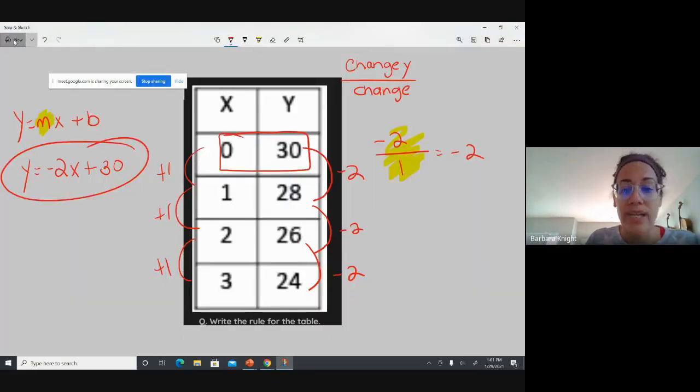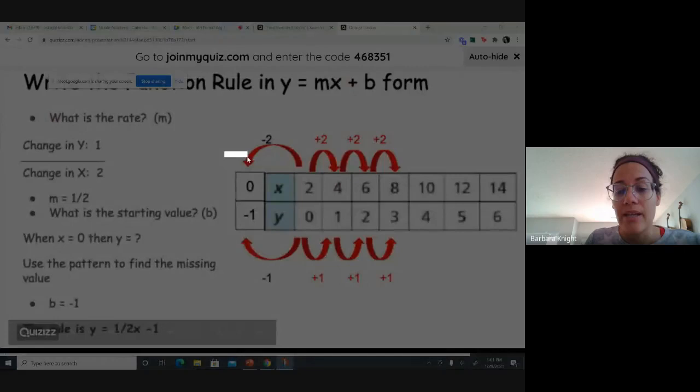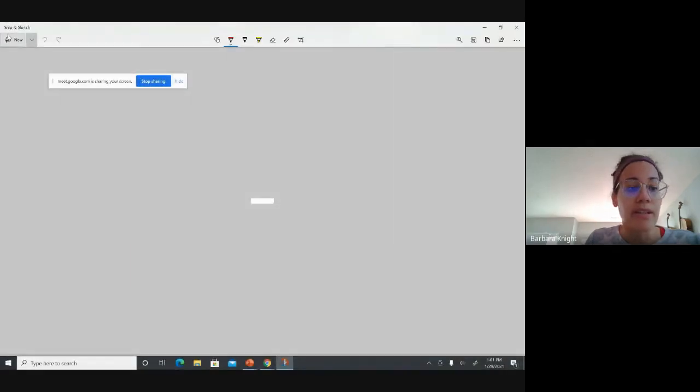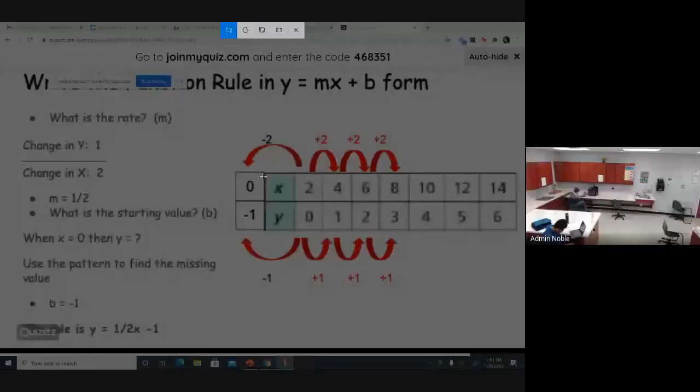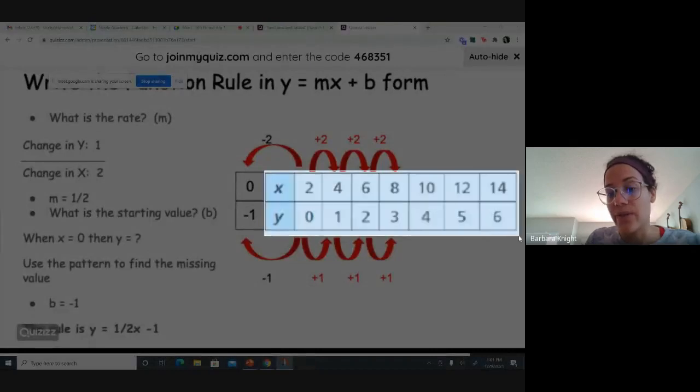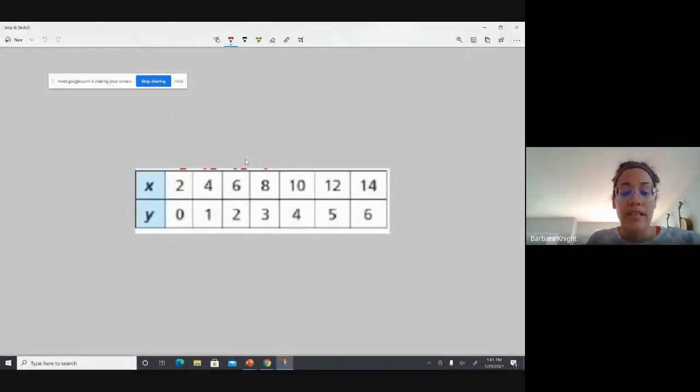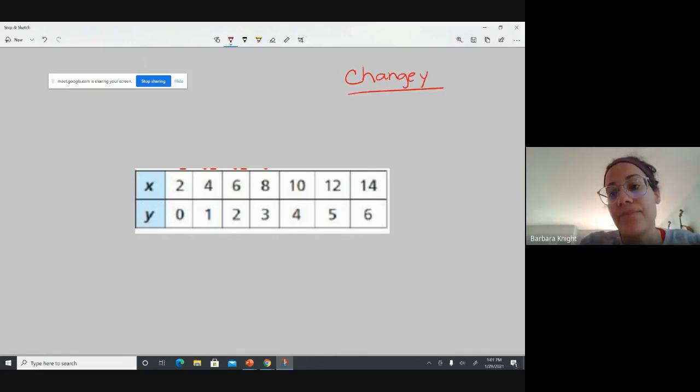Sometimes they'll give you this information, and this looks tricky. First of all, let's do the rate of change. Remember, you have to make sure you're looking at the right area: change in y over change in x.